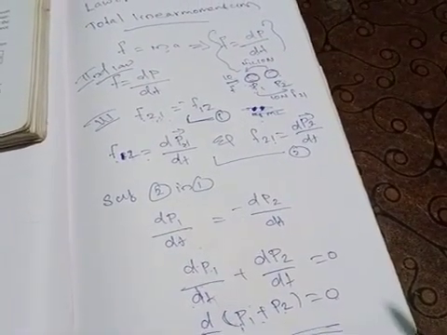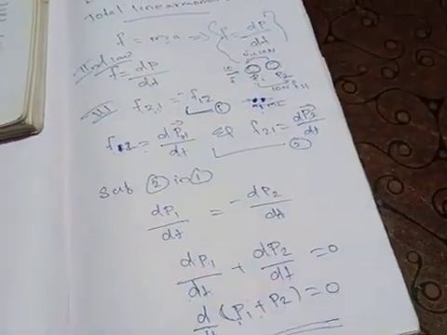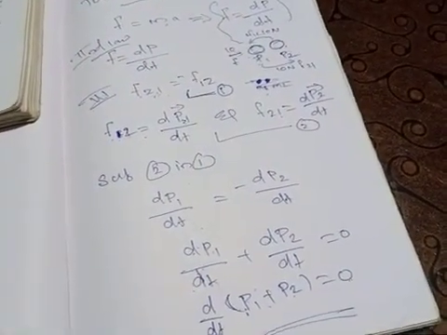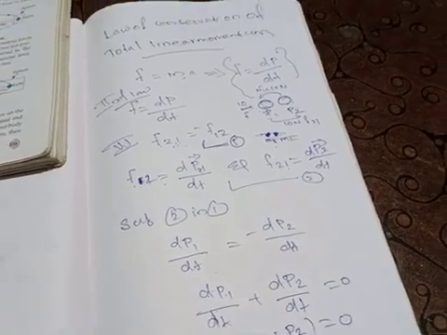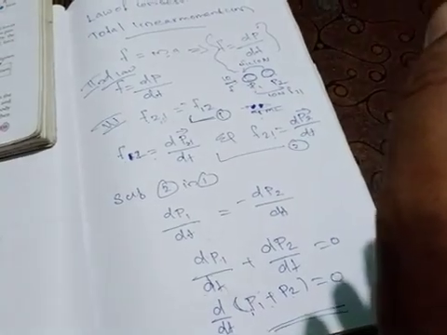So if there is no force acting on the system, that gun and bullet, assume that there is no force acting on that.